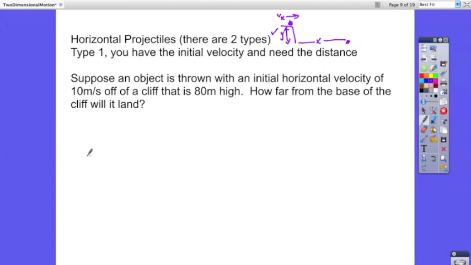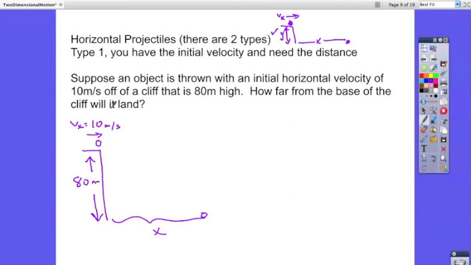Suppose an object is thrown with an initial horizontal velocity of 10 meters per second off of a cliff that is 80 meters high. How far from the base, so we're looking for x, how far from the base of the cliff will it land? Well, if we're trying to find x, let's find an equation that has x. The only equation we have that has x in it is this.